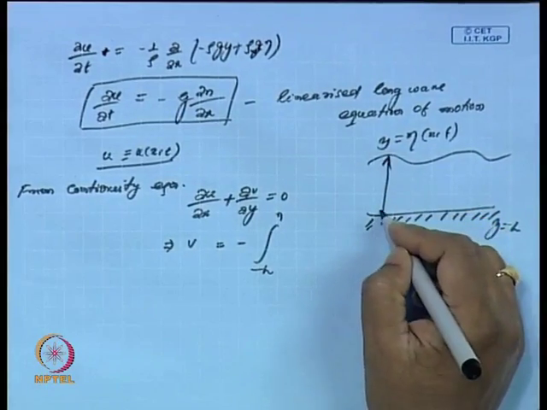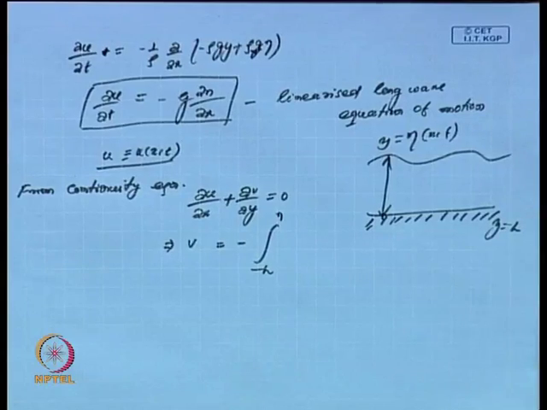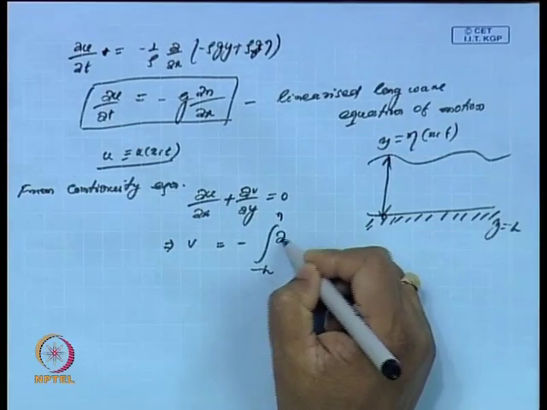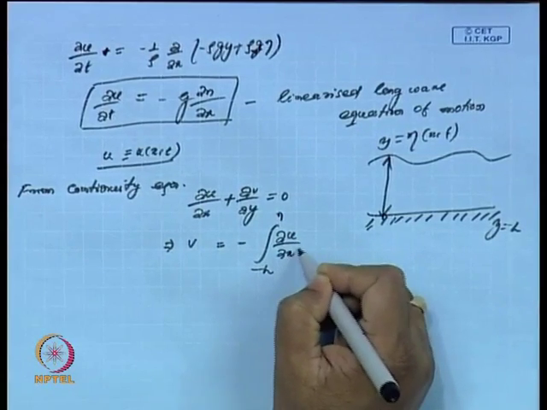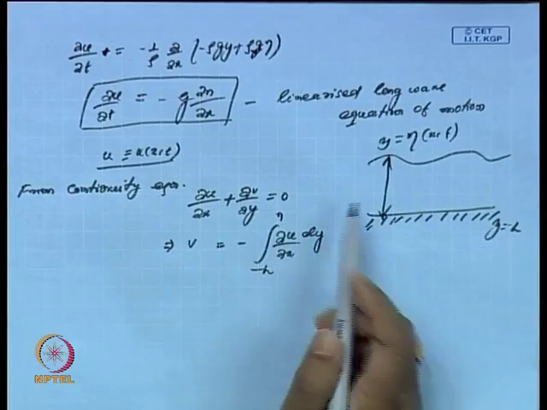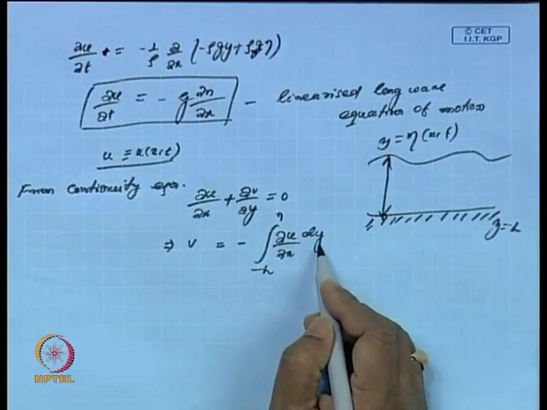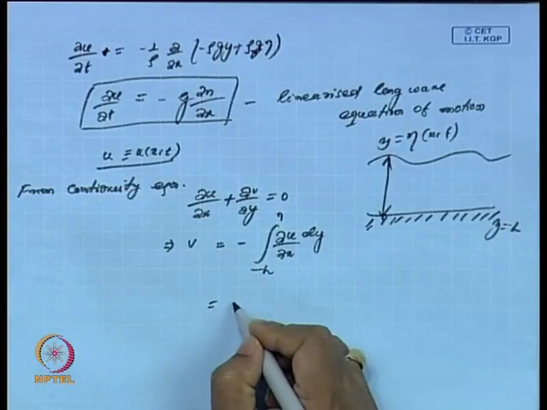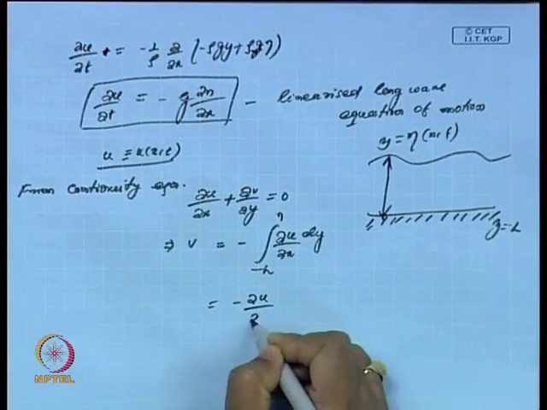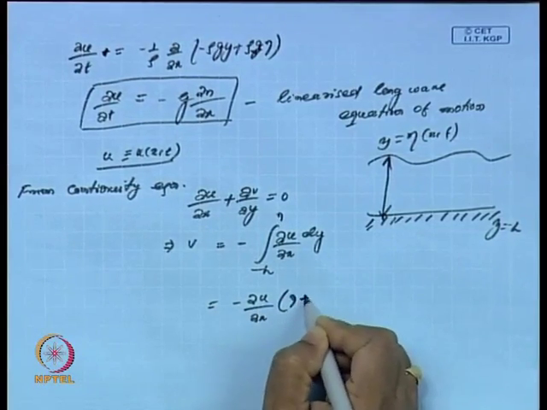So, this is my y variation. So, v is minus the integral from minus h to eta of del u by del x into dy. Since we have seen u is a function of x and independent of y, that will give us minus del u by del x into eta plus h.